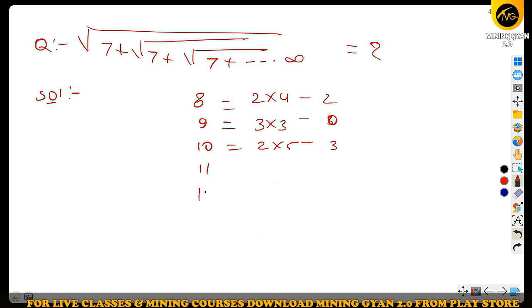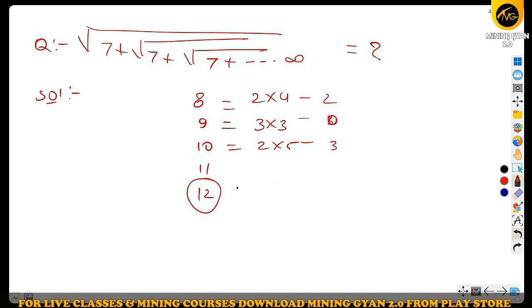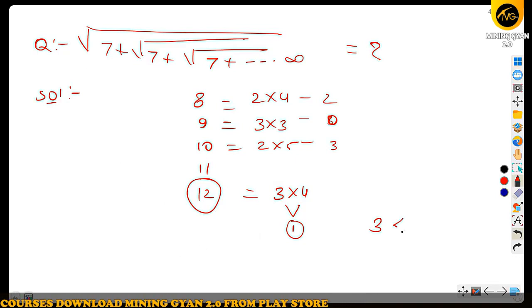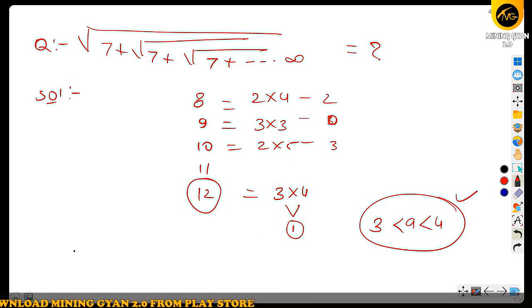That means directly we can use 12, whose factors are 3 into 4, and the difference between the factors is 1. That means you can use 12 as the bigger number of 7. So the answer will be 3 less than a less than 4. Correct, 3 less than a less than 4 is the correct answer.